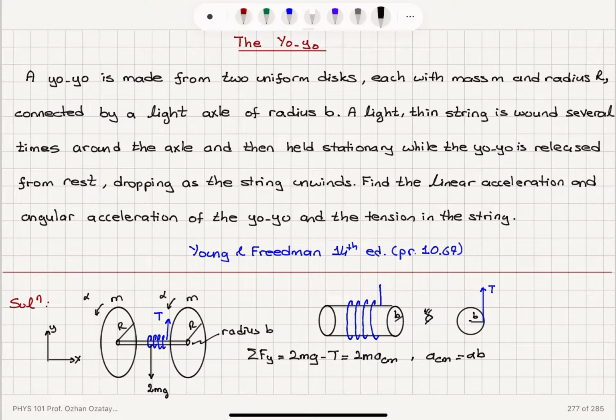So we can also consider the torque acting on the system.